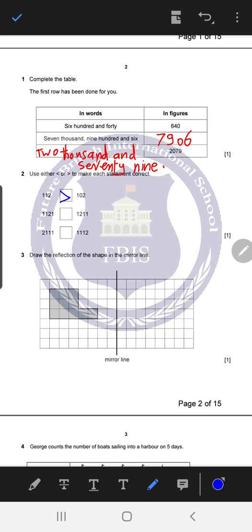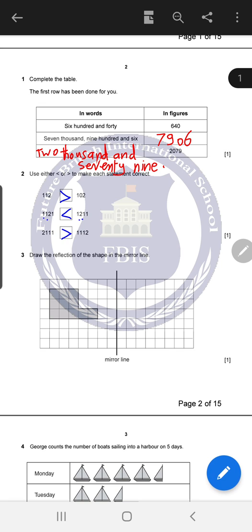The next one, 1,121 and 1,211. 1,211 is the greatest because the first digit is 1 here and here, then 100 and 200, so 200 is greater. The last one is 2,111 and here 1,112, so 2,000 is greater, so this one is bigger.